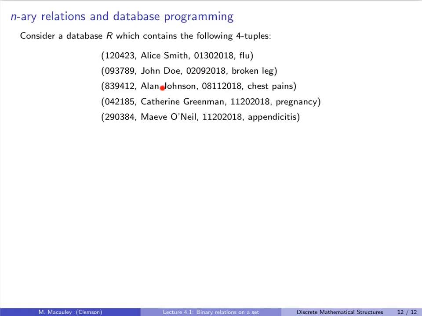Then there's Alan Johnson, who arrived in August for chest pains. Then there's ID number 042185, Catherine Greenman, who arrived on November 20th, 2018, for a pregnancy. And then suppose there's Maeve O'Neill, who arrived on the same date for, let's say, appendicitis.